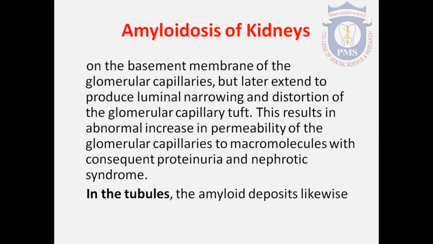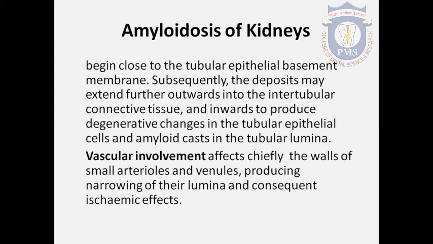In the tubules, the amyloid deposits likewise begin close to tubular epithelial basement membrane. Subsequently, the deposits may extend further outwards into the intertubular connective tissue and inwards to produce degenerative changes in the tubular epithelial cells and amyloid casts in the tubular lumina.